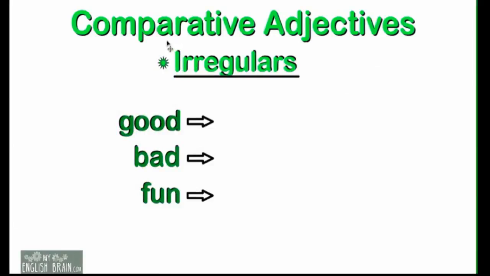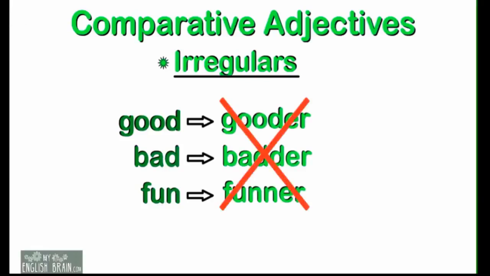Now, we have some comparative adjectives that are irregular. For example, some important ones are good, bad, and fun. These are all one syllable, good, bad, fun. But we do not use ER for these comparative adjectives.